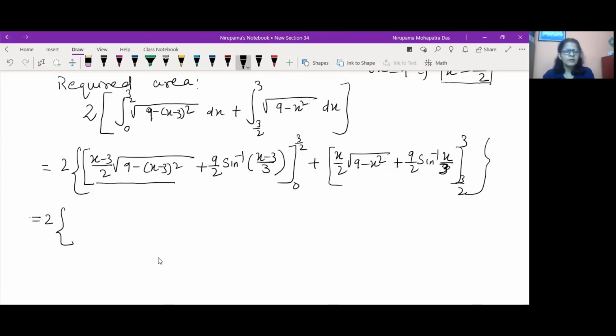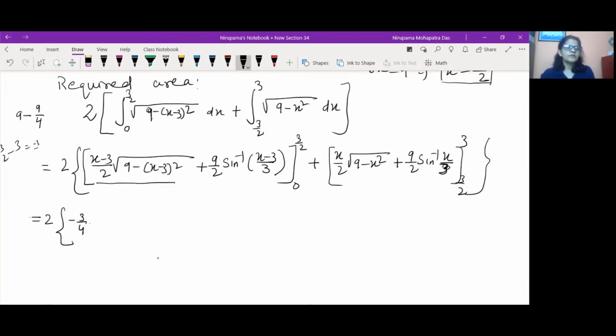So here you are getting minus 3 by 4. Now under root it is 9 minus, here it is 3 by 2 minus 3, so you are getting minus 3 by 2. Minus 3 by 2 square means 9 by 4, so 9 minus 9 by 4.